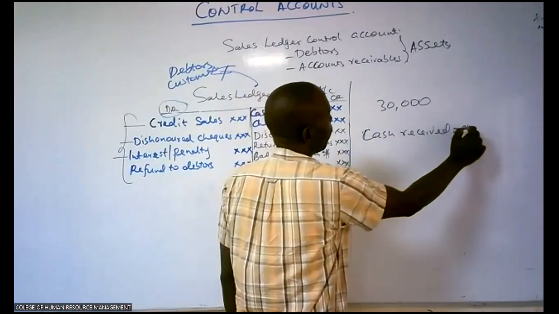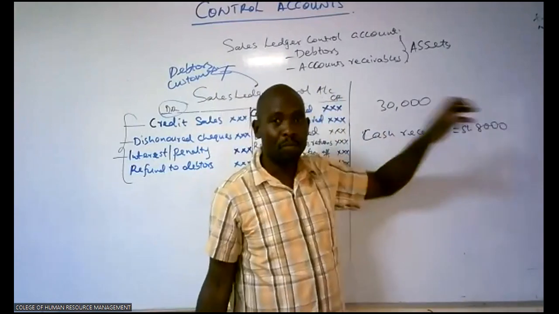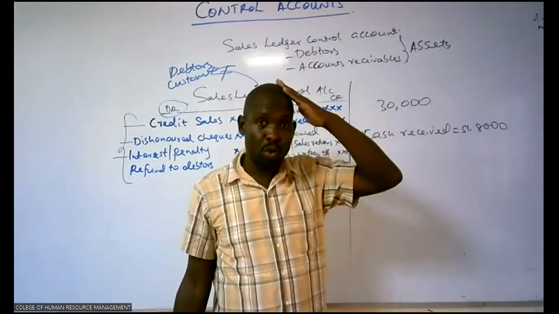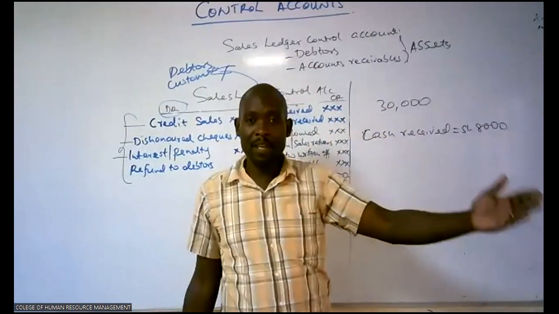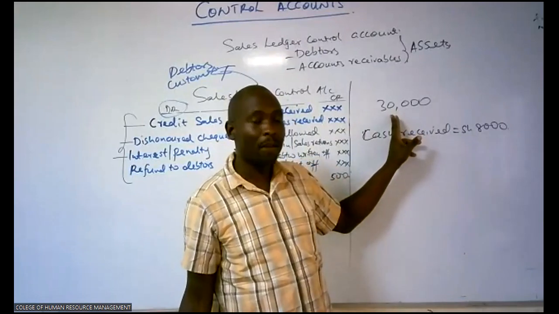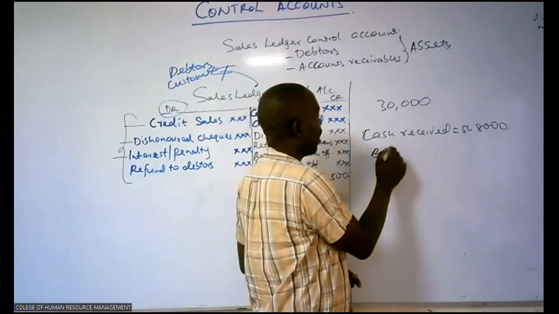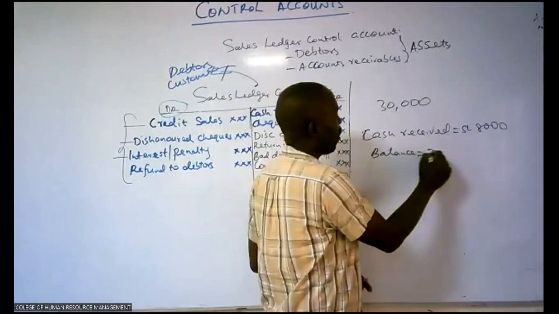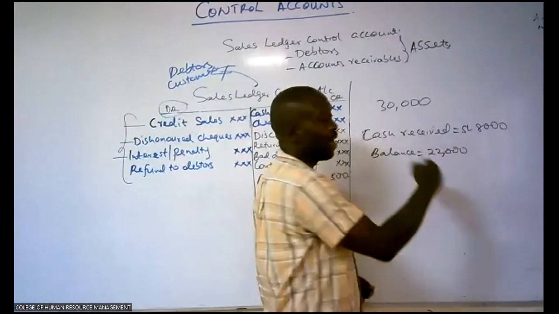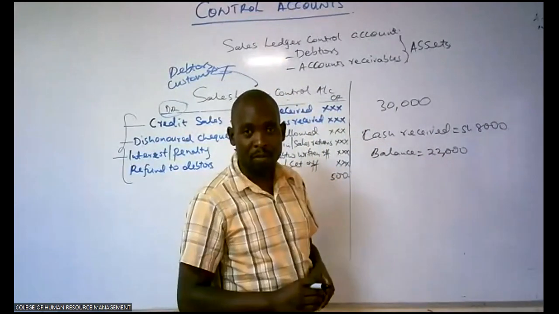Let's say you have received 8,000. The moment you have received 8,000, to you, you don't know that there is an overpayment here. You just consider that if I was to receive that 30,000, one has paid me 8,000, then it simply means that the balance is now 22,000. This is what the remaining debtors need to pay me for them to clear all the accounts.